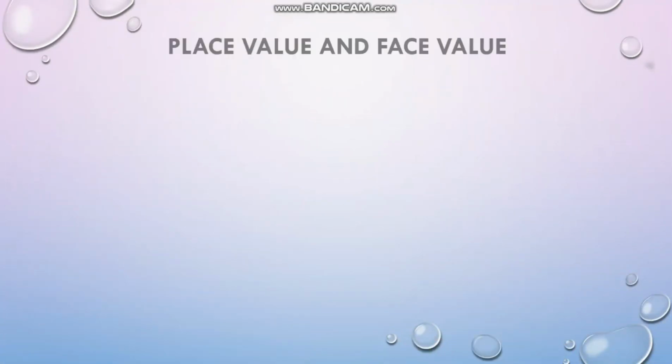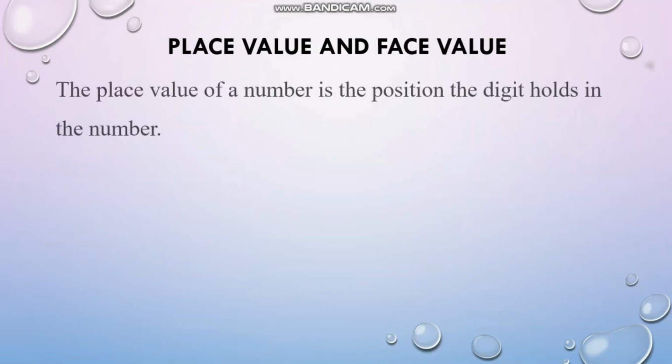Now let's move on to place value and face value. The place value of a number is the position the digit holds in the number. For example, we have the number 1,539. What is the place value of the digit 5 in the number?